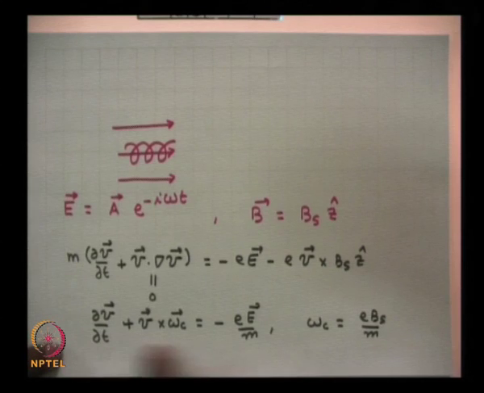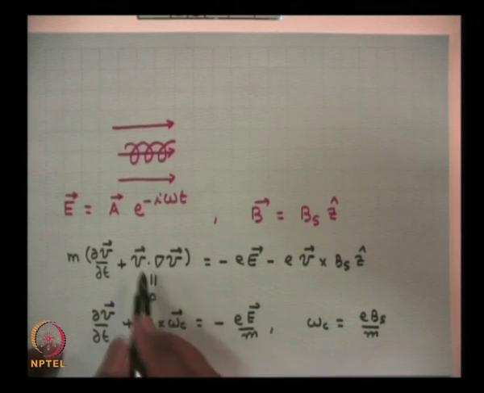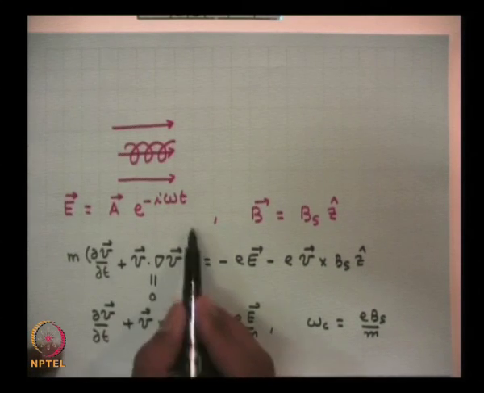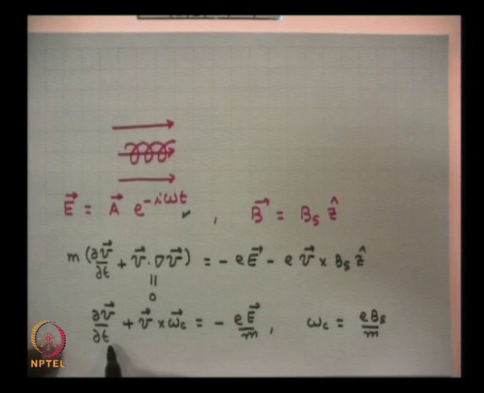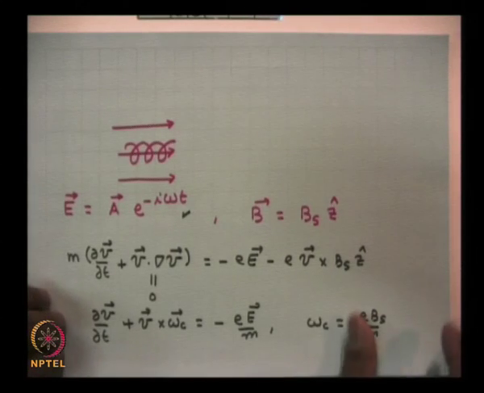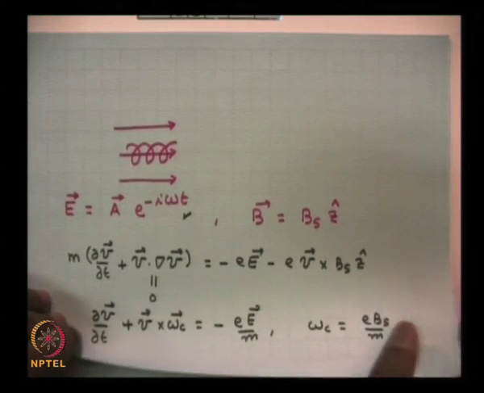So, I have to solve this equation, because my time dependence of the electric field is like this. In the steady state, I expect the V also to have same time dependence. Hence, I will replace delta t operator by minus I omega, and let us see what I get.